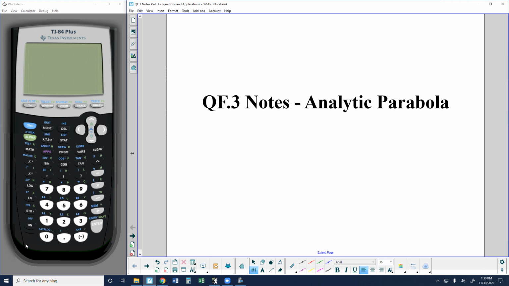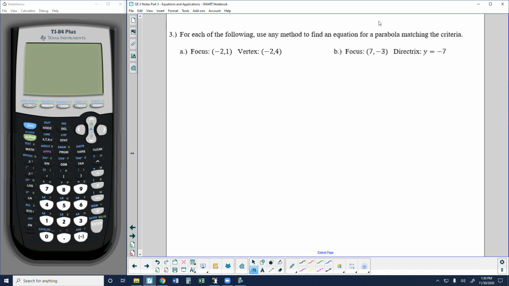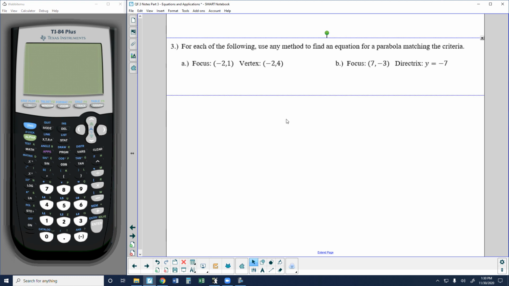Now, what we can do is also a separate method for finding an equation. This is going to be a lot shorter and a lot less complicated. So problem number 3 says, for each of the following, use any method to find an equation for a parabola matching the criteria. So instead of going from the definition of an analytic parabola, we're going to approach this problem with an idea of the equation.